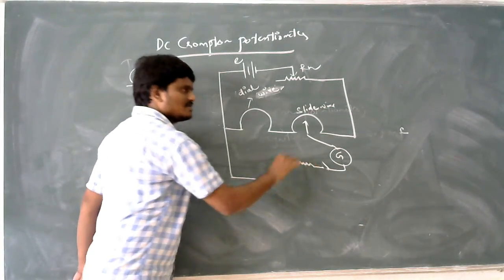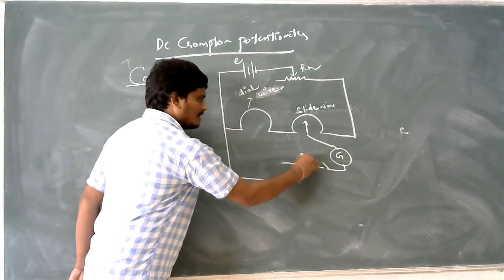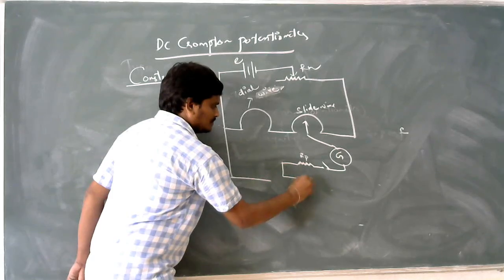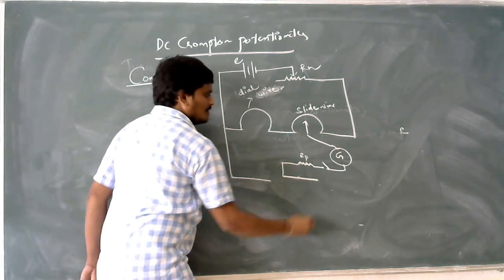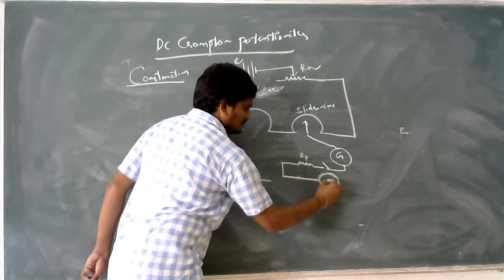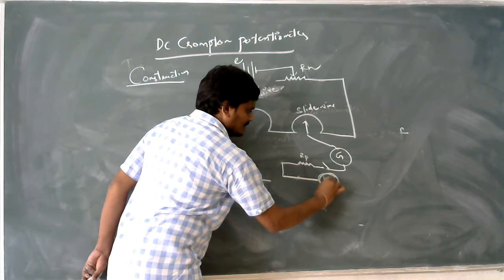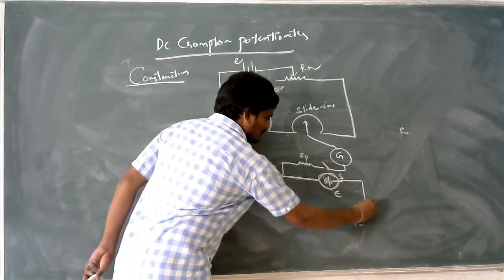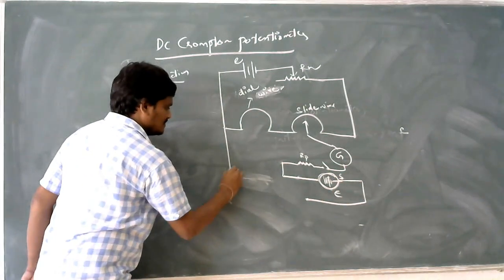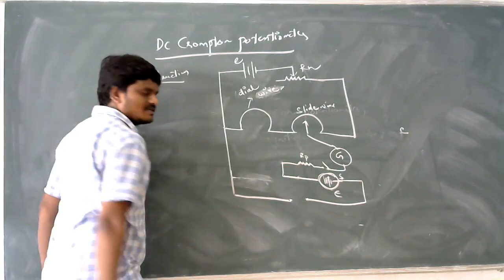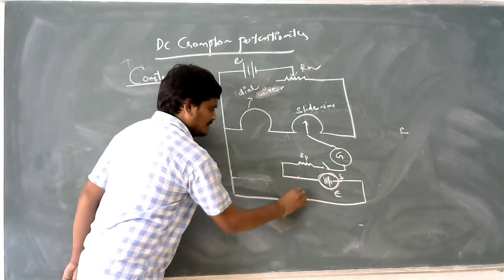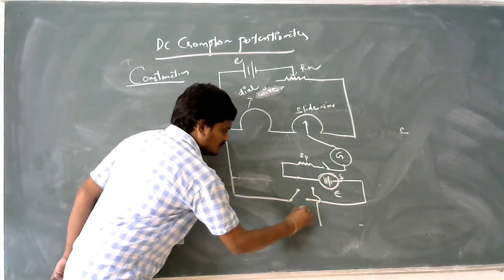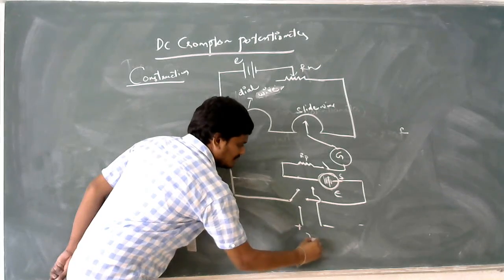Let me say the resistance offered by this protective resistance is RP, which is connected to a standard cell. Finally, I am taking the position of the standard cell here, and here again I am using a switch, where this switch can be used either for the standard cell position or to calculate the unknown EMF.